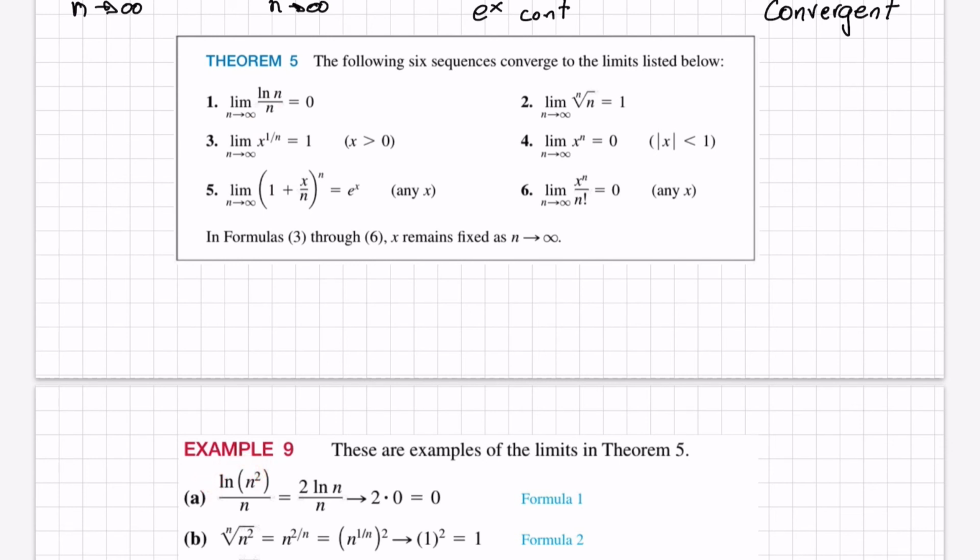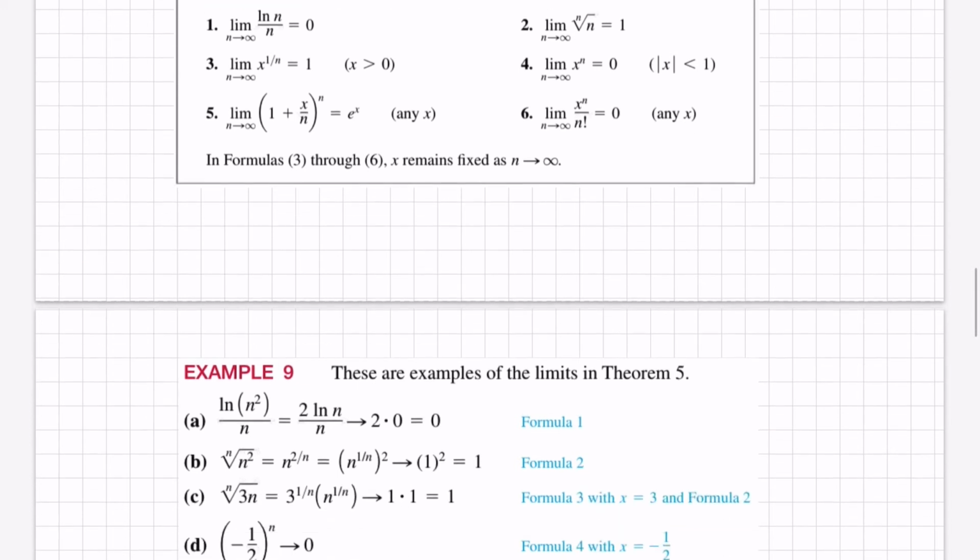So if the 2 is outside, now you can use it, right? This is exactly that. And that's 0 times 2, which is 0. You see, it's not rocket science. It's just figuring out how we find this limit from the ones that are given here in general. Going from the general to the examples.